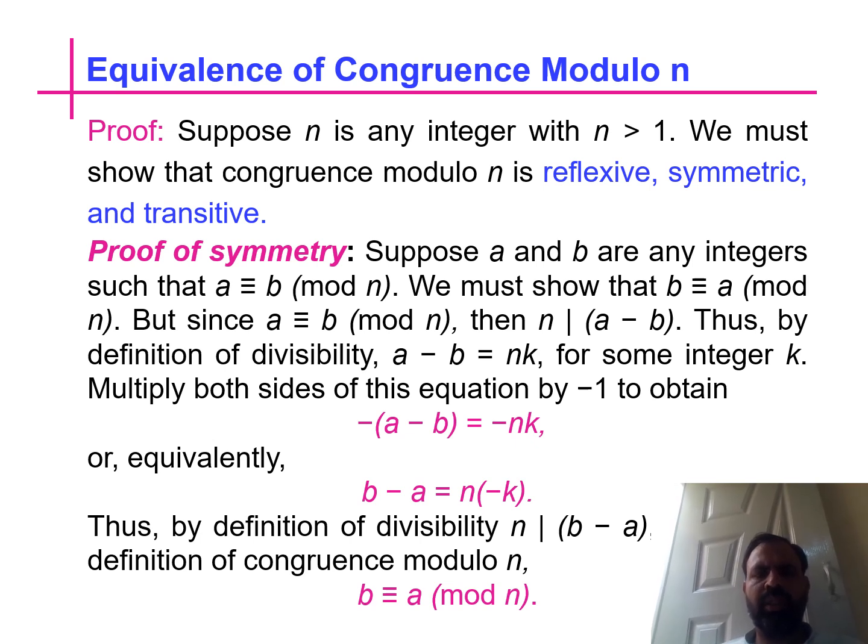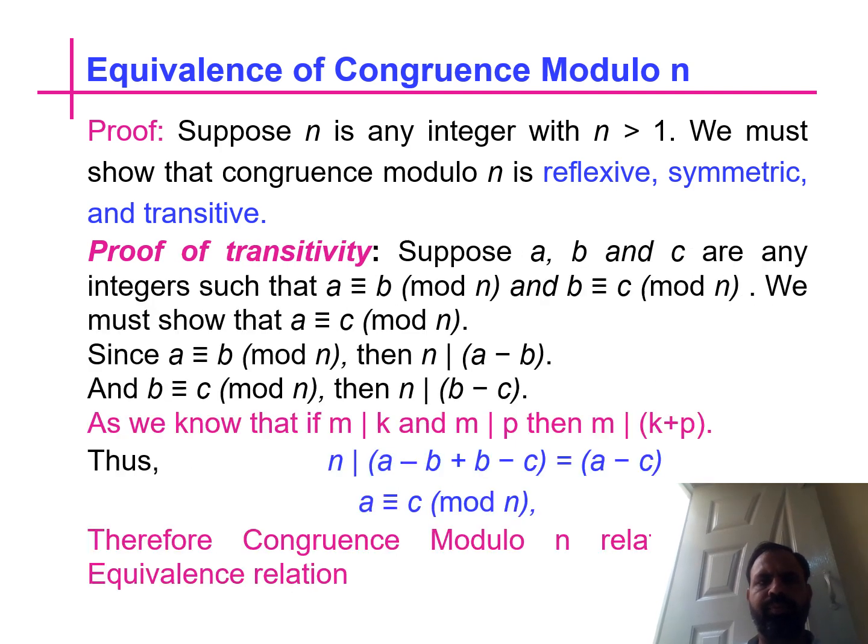Multiply both sides of this equation by minus 1 to obtain minus a plus b is equal to minus nk, or equivalently b minus a is equal to n times minus k. By the definition of divisibility, n divides b minus a. That's the definition of congruence modulo n, so b is congruent to a mod n.